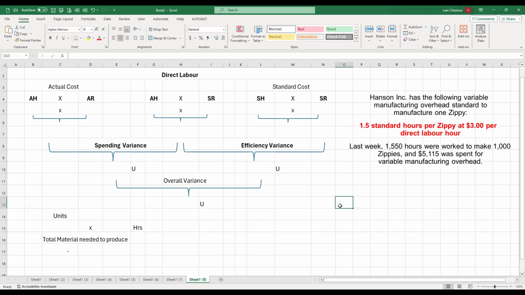This company, again, has the following variable manufacturing overhead standard for one product. The standard is 1.5 standard hours per unit at $3 per direct labor hour. So what's our standard rate? $3.